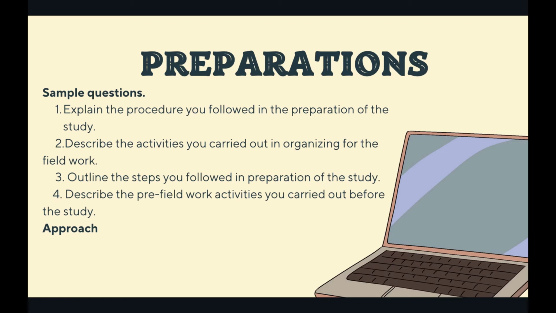So those are the preparation stages, or the pre-field work stages that we do carry out before we move out for the field. And the approach how we answer those numbers is that you write them in order and you give them in their rightful order and you explain them.